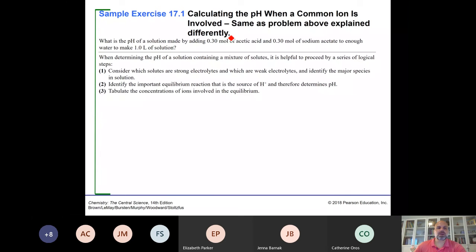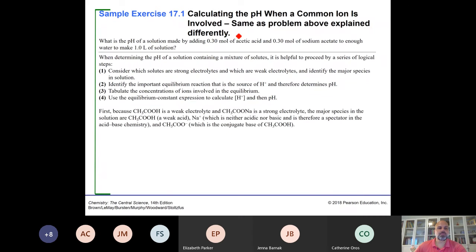Next, tabulate the concentrations of the ions involved in the equilibrium. And then fourth, use the equilibrium constant expression to calculate the proton concentration and then the pH. These are the steps you want to follow when you're trying to solve a common ion problem.